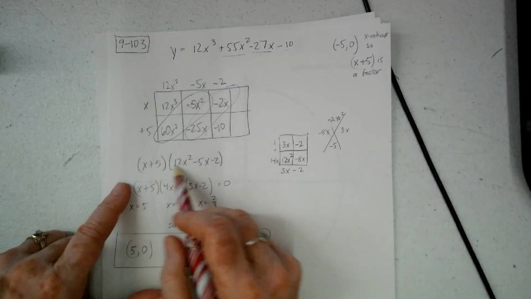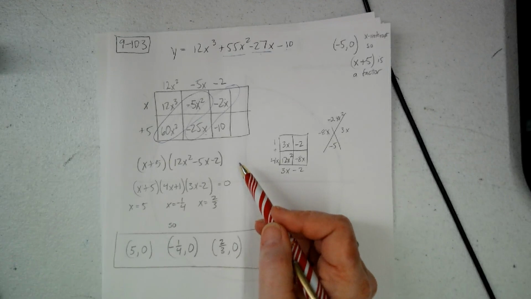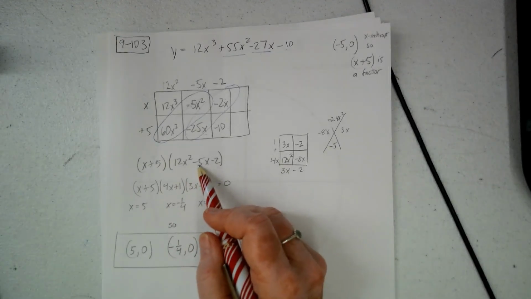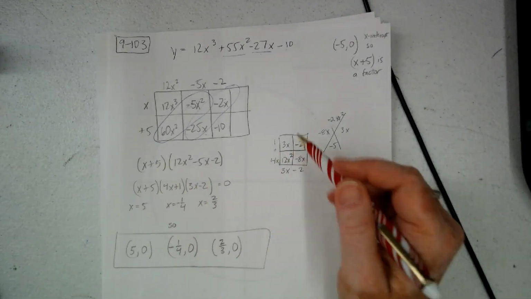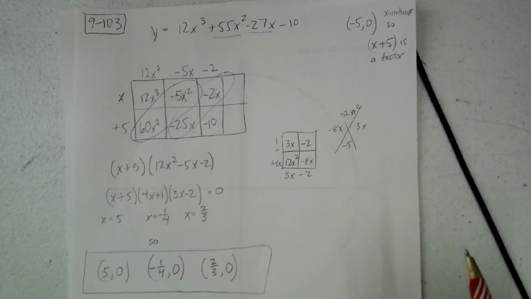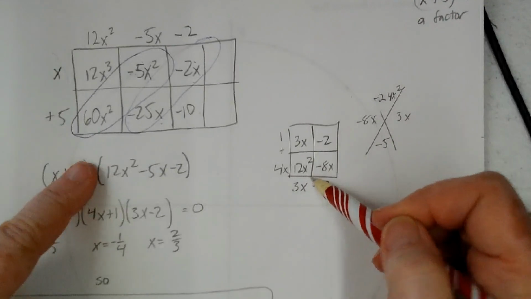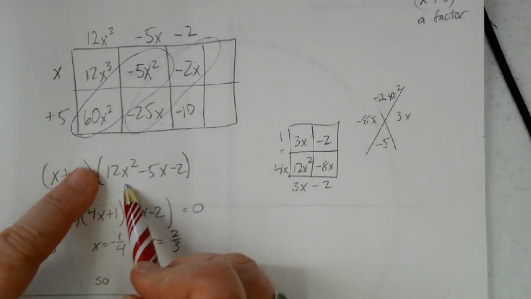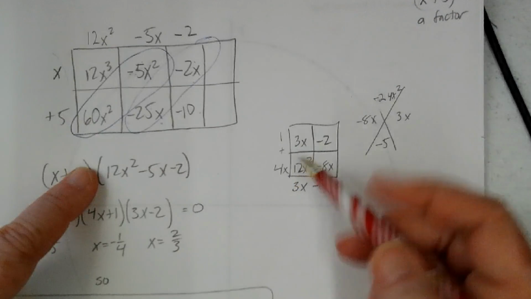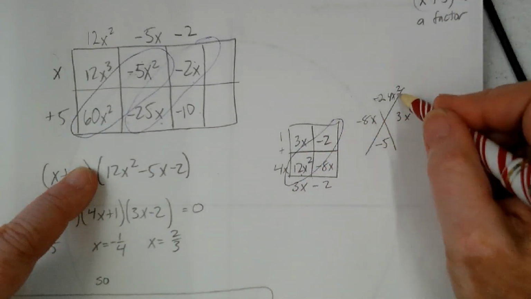So now I've just got the cubic rewritten in a somewhat factored form, but I can go farther with this one. This one's a quadratic, so I'm going to just use an area model. I stuck in the 12x² right here, and then you stick the constant here, and you go, that times that equals that.